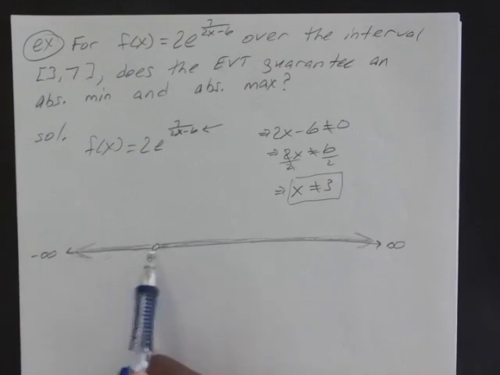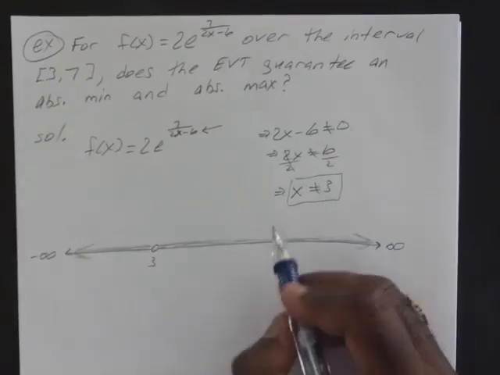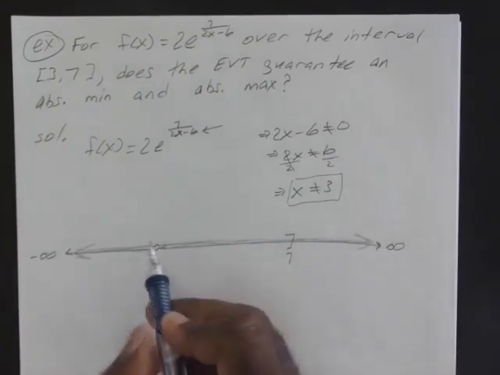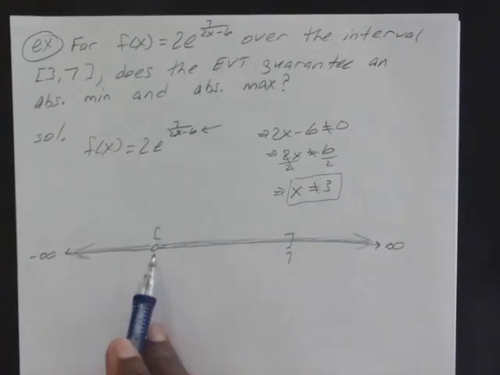And you're okay. Now, the only problem is this interval from 3 to 7 includes 3 and it includes 7. So it includes 7 and it has to include 3. Okay, so the fact that this is an open circle shows that it doesn't include 3.